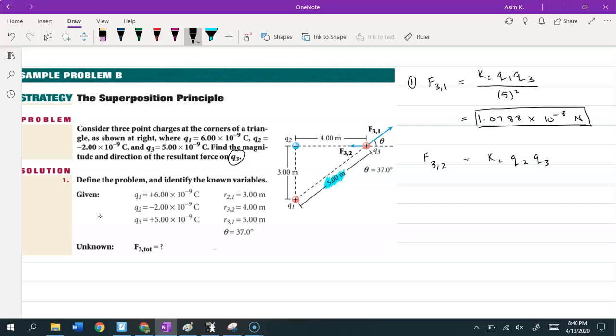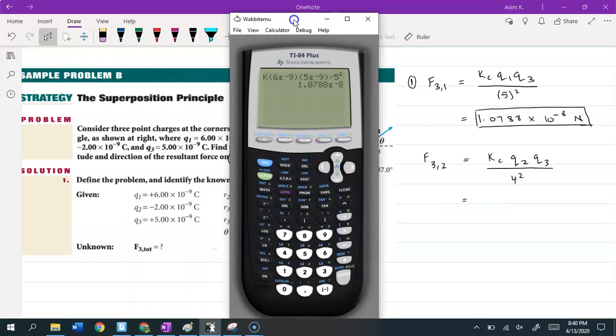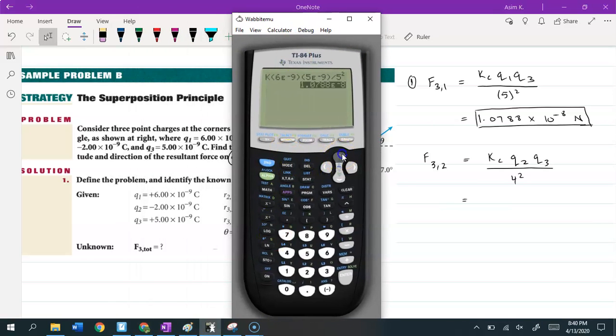And so we're going to put in Q2 and Q3 and ask yourself, what's the distance between Q2 and Q3? The distance between them is 4 squared, right? So 4, and you're going to square that, and that once again is going to give you a value for the force that is felt between those two. So I can use much of my old input if you think about it.